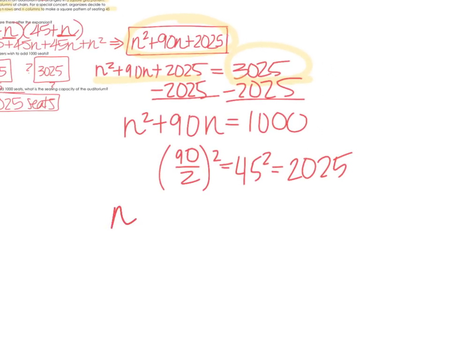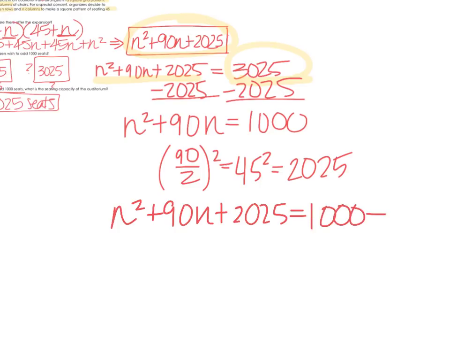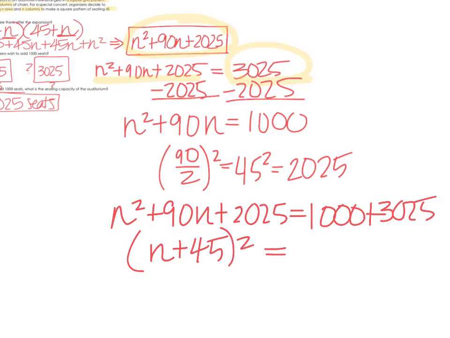So n squared plus 90n plus 2,025 equals 1,000 plus 2,025. All right, now this looks very familiar, like what we just did. So what we're going to do now is factor this. And we know if we factor this, we end up with n plus 45 squared equals... I made a typo there.